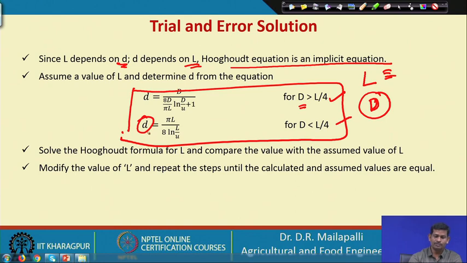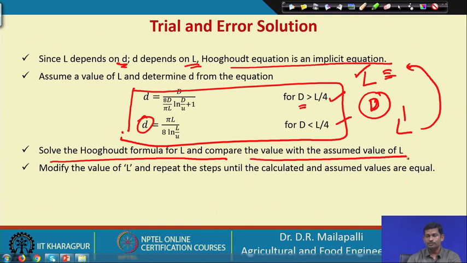Once you know small d, go back to the Hooghoudt equation and find a new L, that is L dash, and compare this L dash with the previous L. If these two L's are close, then your spacing is correct and your other parameters were a good guess. So solve the Hooghoudt formula for L, compare with the assumed L, modify the value of L, and repeat the steps until the calculated and assumed values are equal.